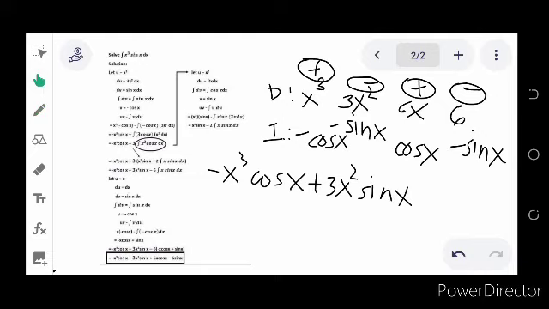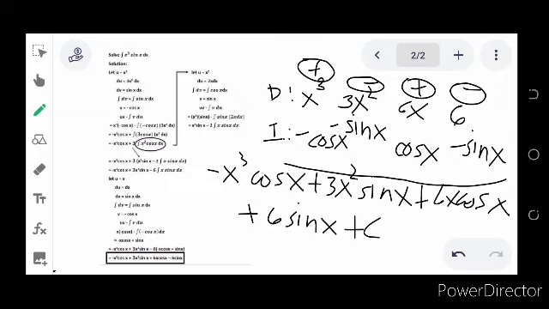And then this one here, 6x times cosine x, that gives you positive 6x cosine x. And then lastly, you have 6 times negative sine x is negative 6 sine x times negative, that gives you positive 6 sine x plus c.